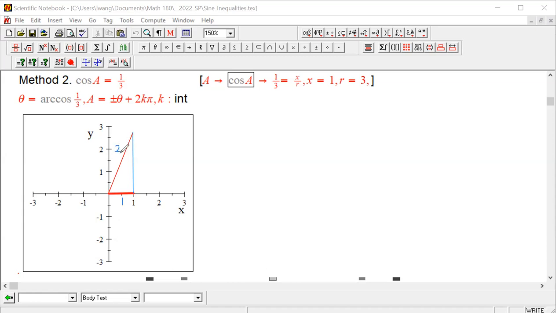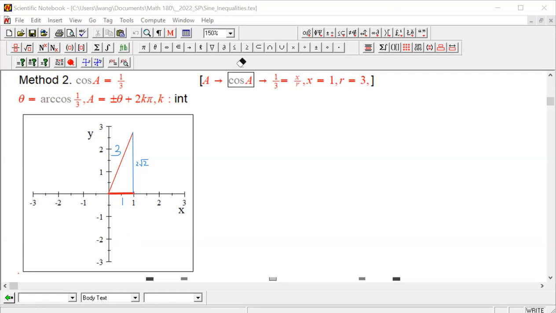Whether you mark this part doesn't matter, even though it's 2 times root 2. Pythagorean theorem: 3 squared minus 1 squared is square root of 8, which is 2 times root 2. Then that's perfect for me. And then you can draw that piece.